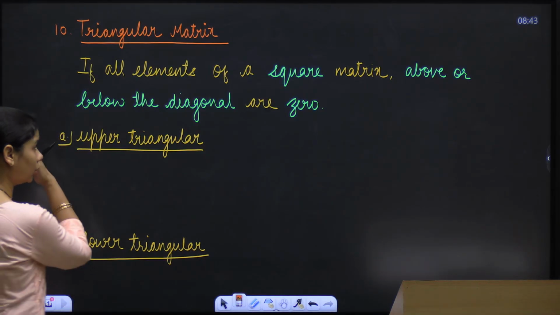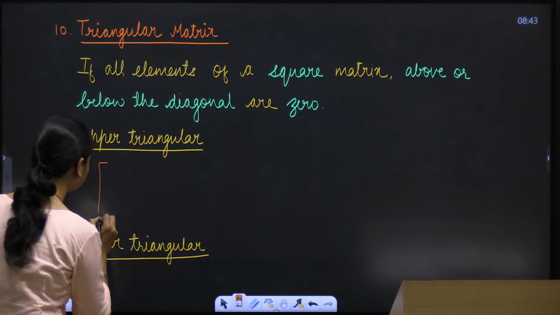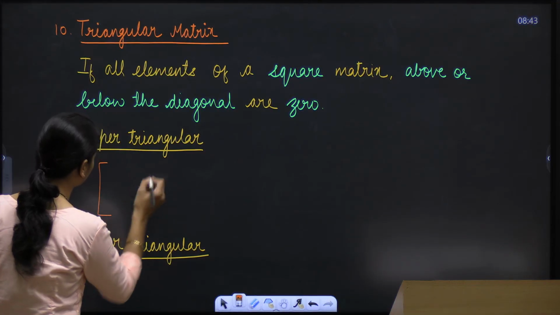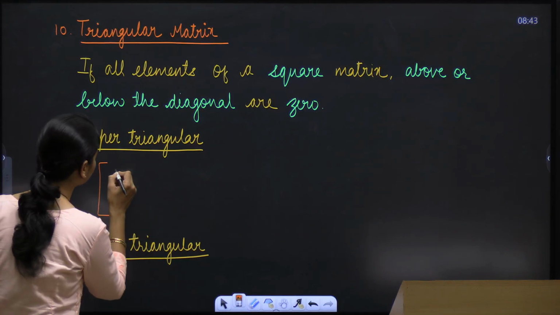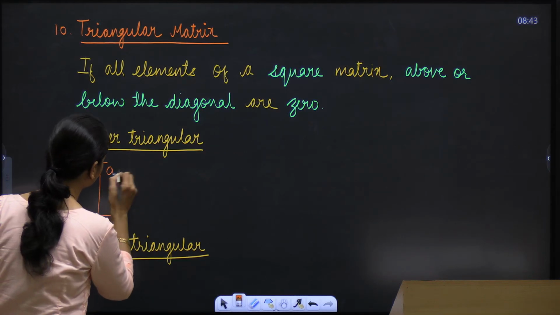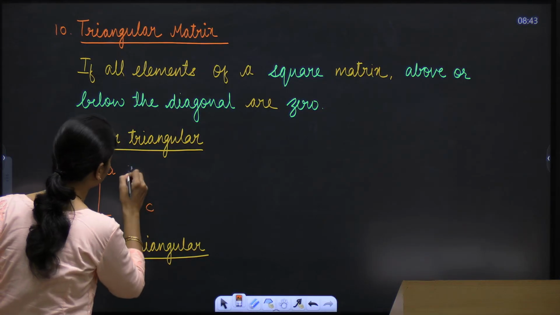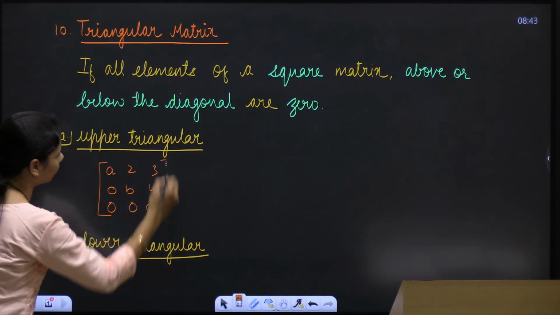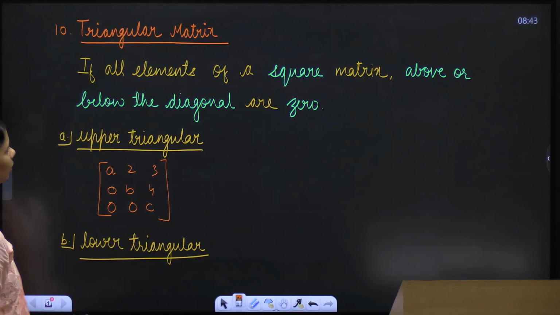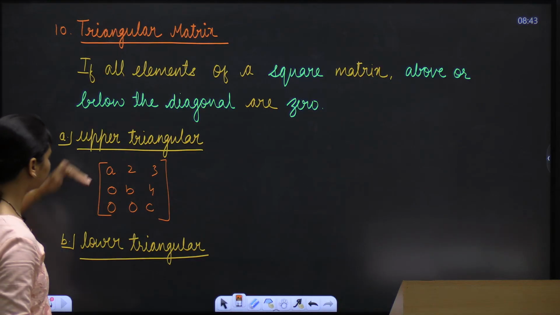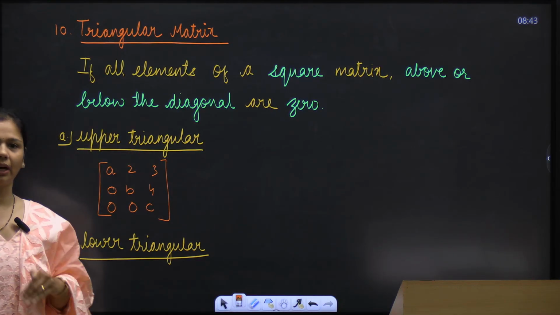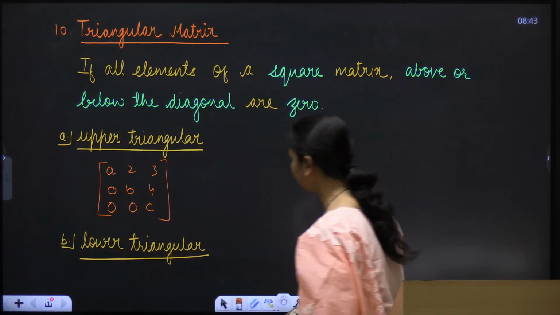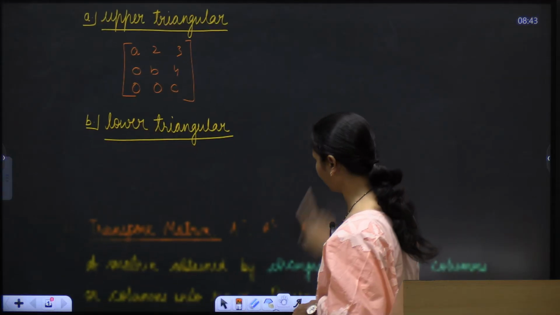So suppose in a square matrix all the elements above the diagonal have some value, suppose these are a, b, c and 2, 3, 4. Then this is the upper triangular matrix, in which the elements above the diagonal are also non-zero.